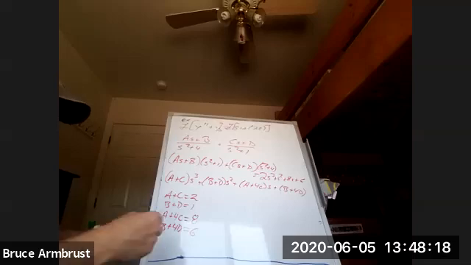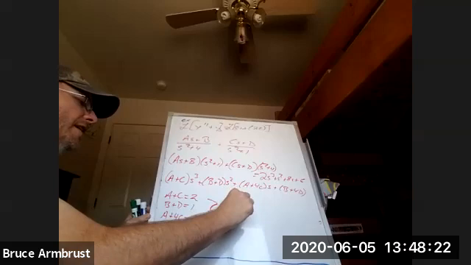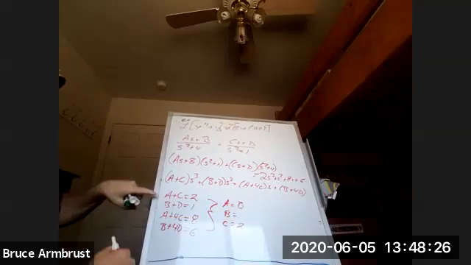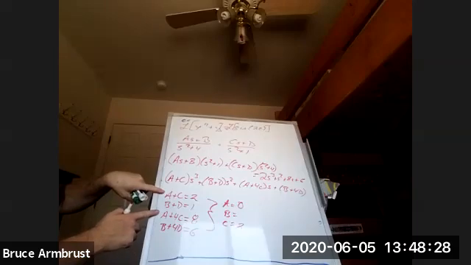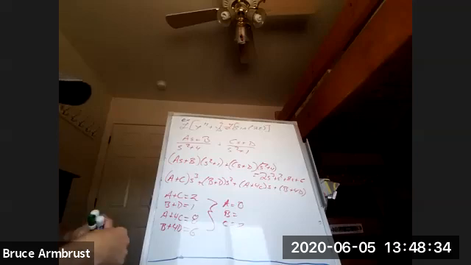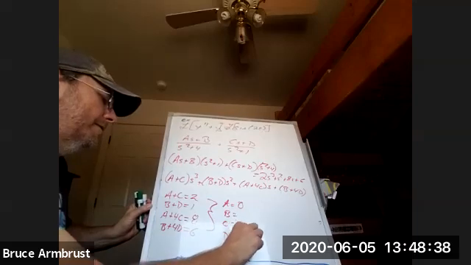So then solving this gives us a equals 0, c equals 2. So from these two guys. And then from the others, we get b is equal to, or sorry, d is equal to 5/3.